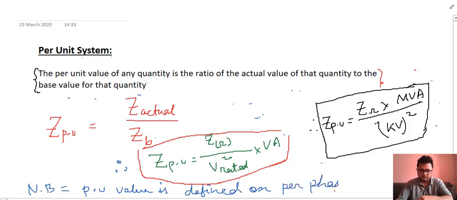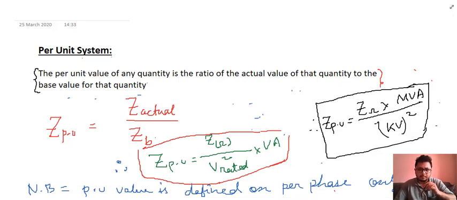In single phase only we define the PU value, not in three phase. Suppose we have a three phase line, then three phase line means three single phases, so per phase we have to calculate the value.